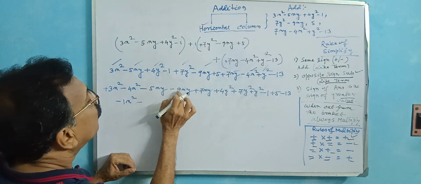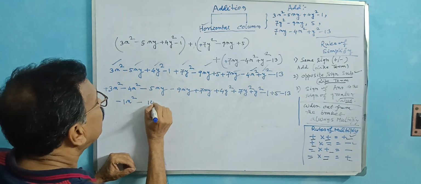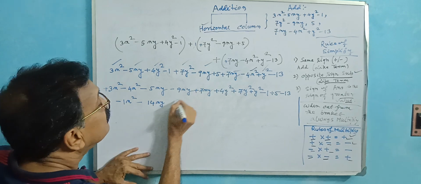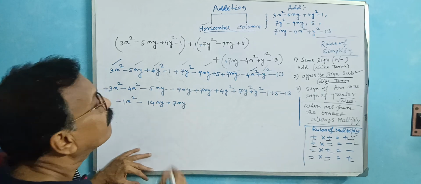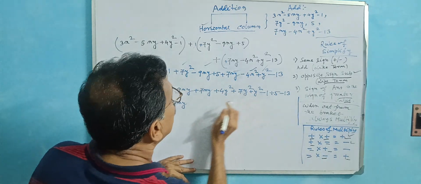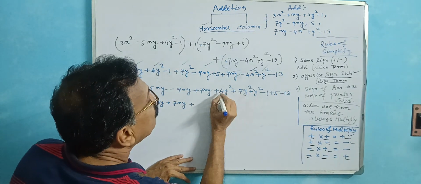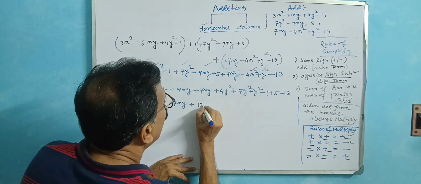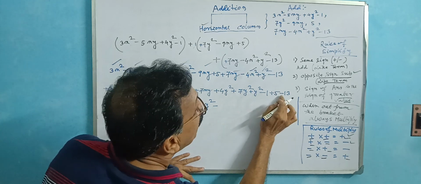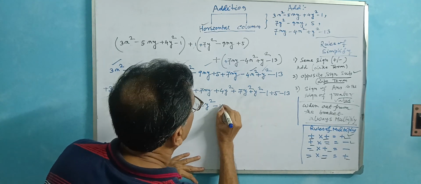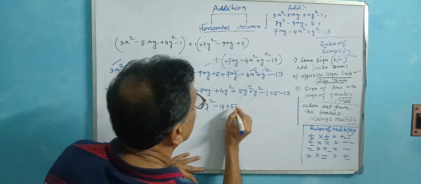Same sign add: 9, 5, 9, 14xy, and this is plus 7. Next step I do it. Okay, don't hurry. Now these are all the same sign. Same sign add: 7, 4, 7, 12y square. Same sign you add: minus 13, minus 1, so minus 14 and plus 5.